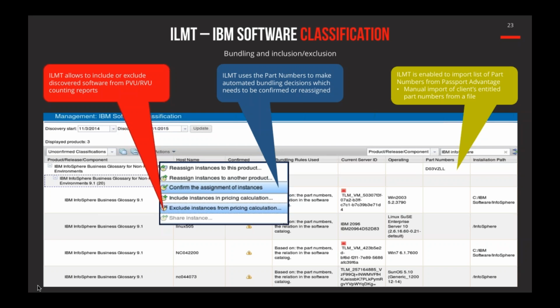If you don't put the part number for ILMT and you roll out the agents, then you will still need to go back and confirm it. What you can do is confirm it at the higher level. So in this screenshot, where it has Infosphere Business Glossary for Non-Production Environments, you can confirm it at that level. But you do still have to confirm those manually, and you do have to confirm everything.